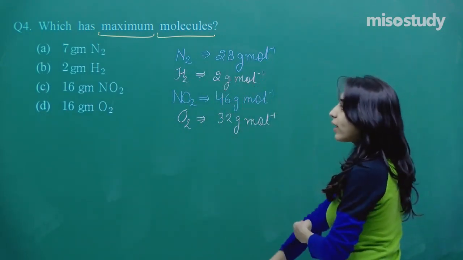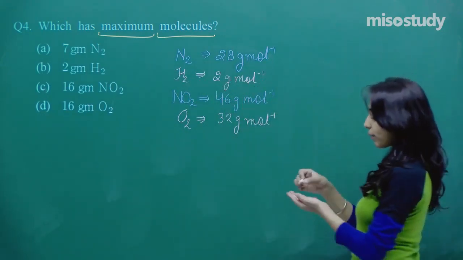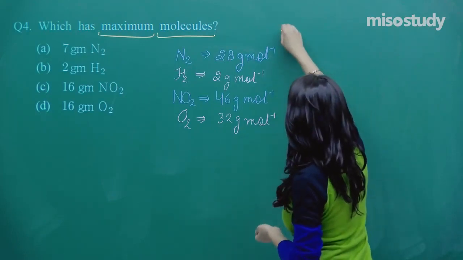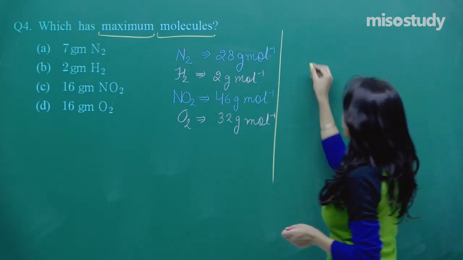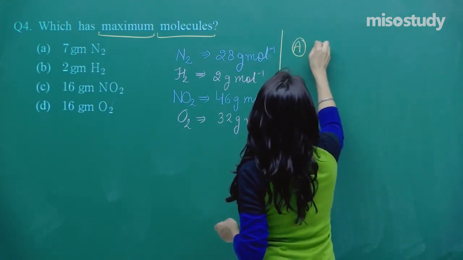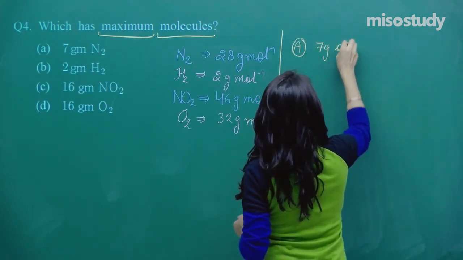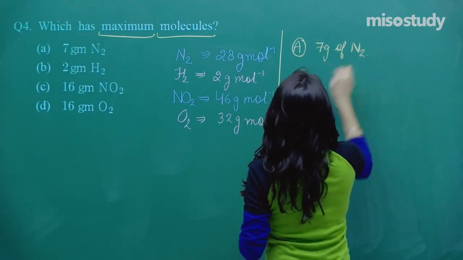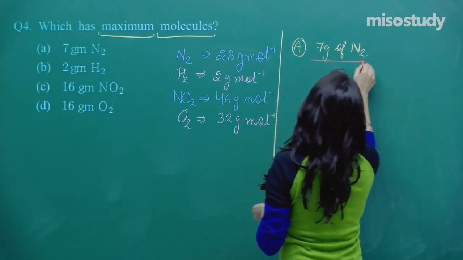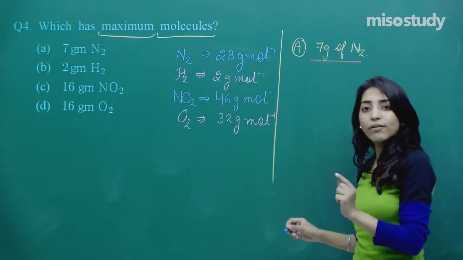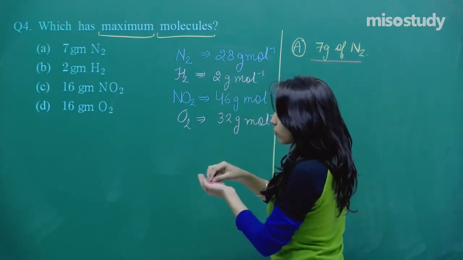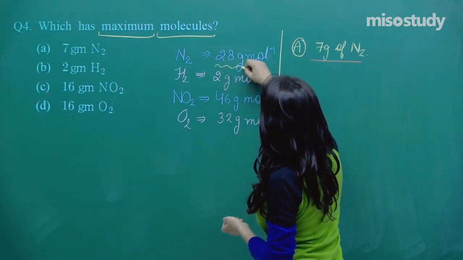Now let us choose options given to us one by one so as to get to the final answer. Option number 1 is 7 grams of N2. We need to calculate what are the total number of molecules present in 7 gram of N2. So guys, what does the statement mean?